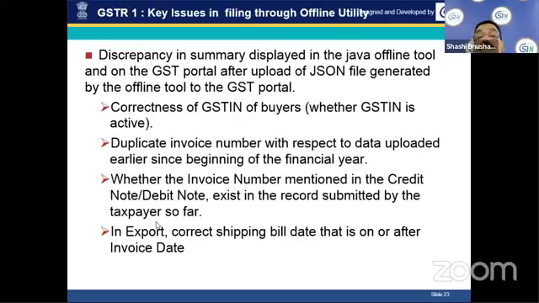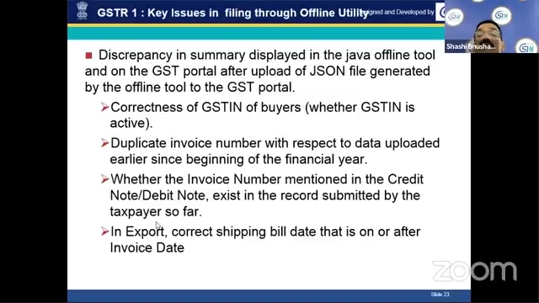Now, some of the validation checks which the system does are illustrated in the slide. One is correctness of GSTN. Presently the system checks whether the GSTN is active or not, because it has to be auto-drafted to a registered recipient.